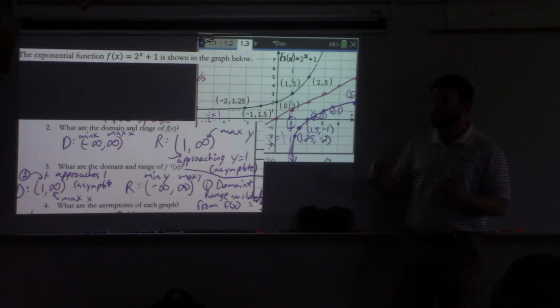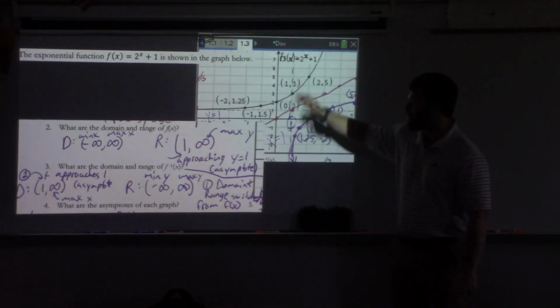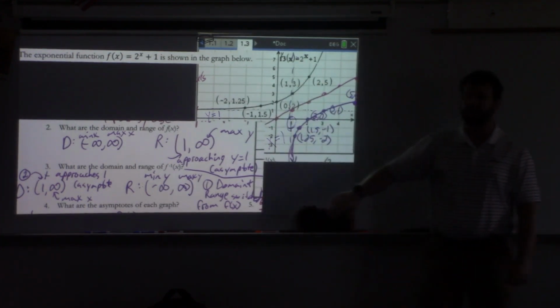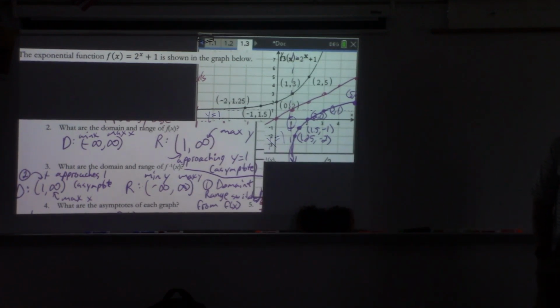So pay attention, update it to be the correct thing, but be aware I read with errors. So if you made a mistake on number 1, but you do number 3 correctly based on that mistake, I am understanding of that. Again, if you do number 2 incorrectly, but you correctly switched your domain and range for 3 based on that, I'm understanding of that. So there's lots of ways to show evidence of understanding.